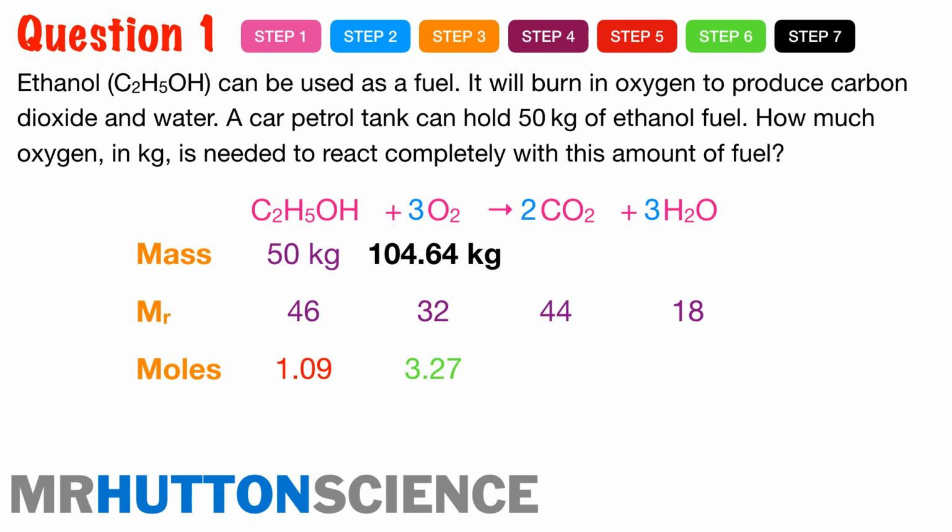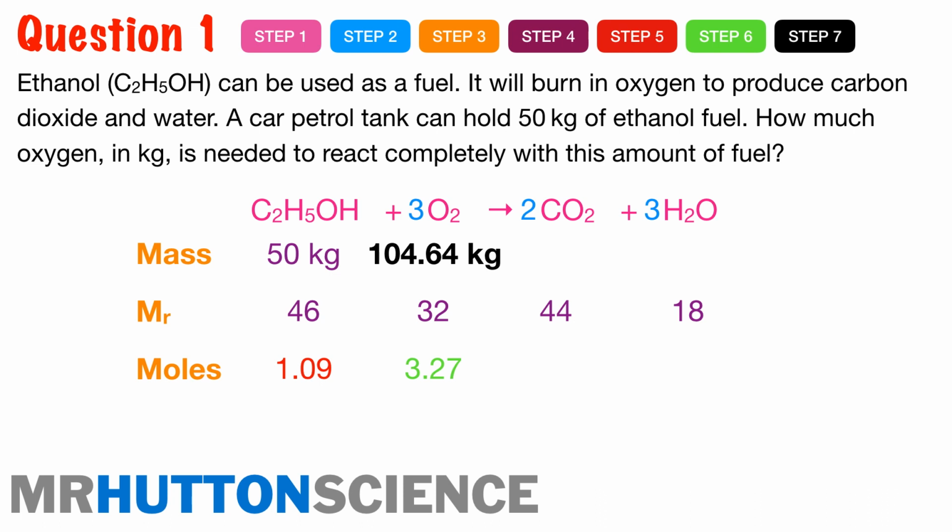Sorry, we've got to times our ethanol by 3 there because we've got a 1 to 3 ratio. So it's 3.27 moles of oxygen.